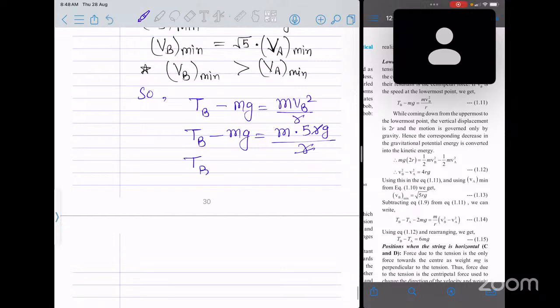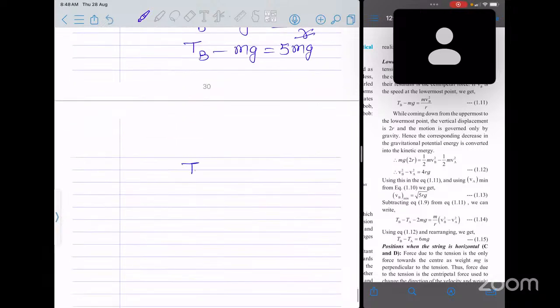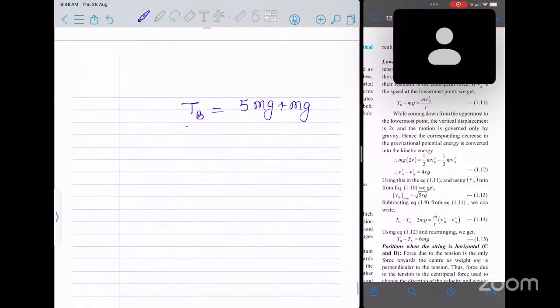So TB minus mg is 5 times mg. So tension in the string at point B is 5 mg plus mg, which will give 6 times mg. So tension at point B is 6 times mg, which is a standard result.